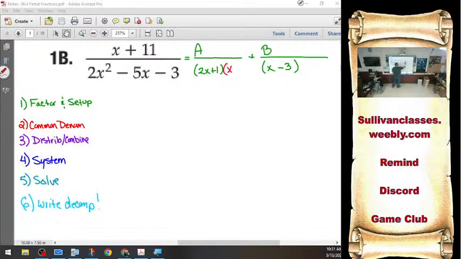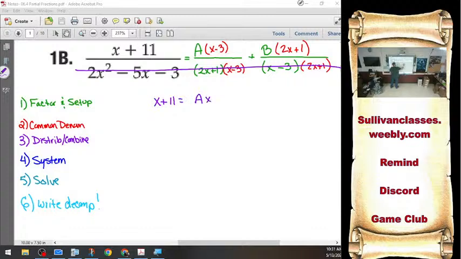Common denominators. Okay, starting to get towards little tips and tricks.